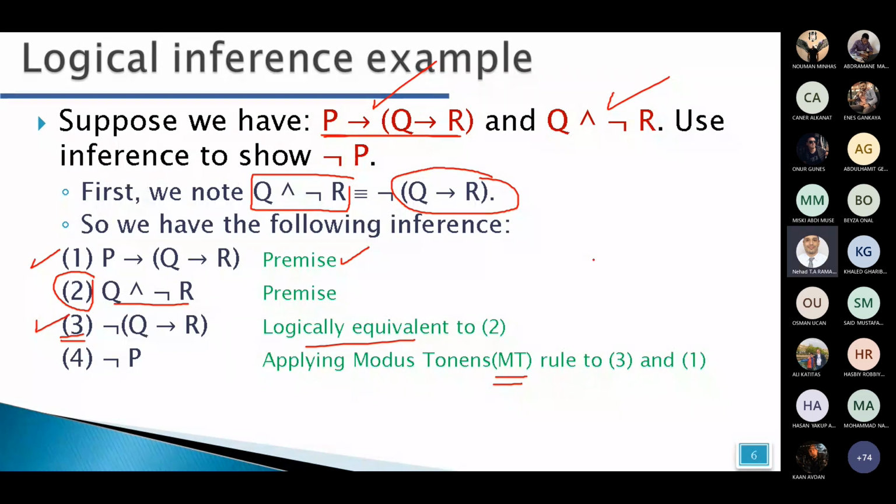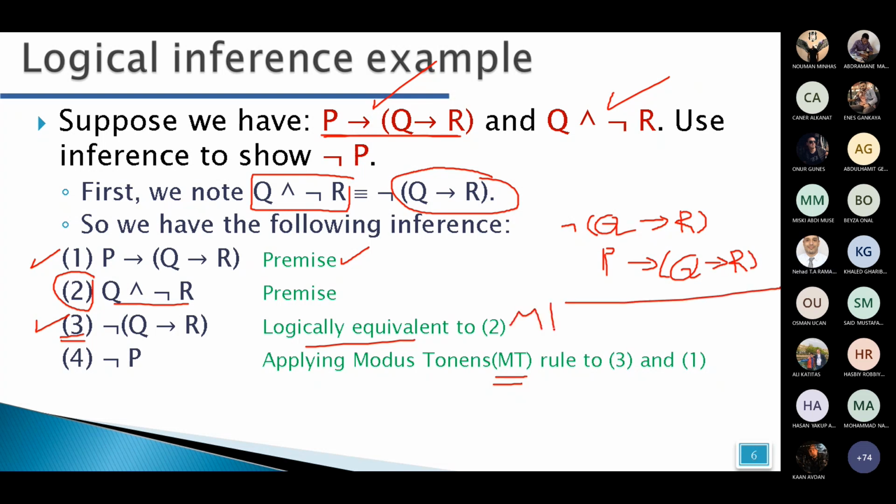Statement 3 is not Q implies R. Statement 1 is P implies Q implies R. So if we apply MT, see, it doesn't matter what this one is.